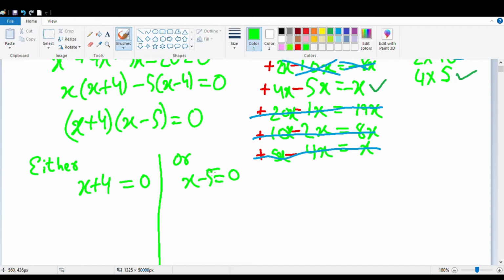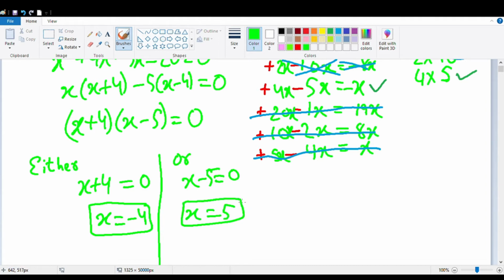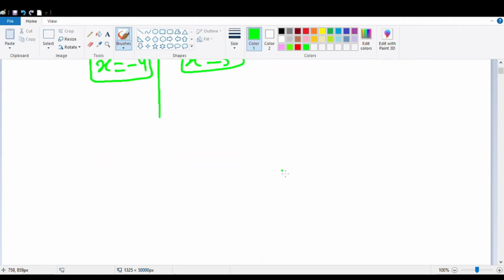But we don't know which one is 0. So for that reason, we're going to let both of them be equal to 0. So this way we get x is equal to negative 4. And this way we get x is equal to positive 5. The solution set for x is x is equal to negative 4 and 5.